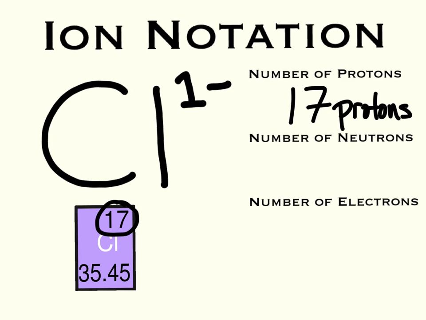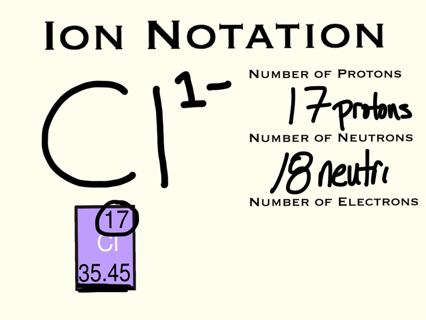Now, I'm going to jump to neutrons for now. Remember, the 35.545 is our atomic mass, which tells me the number of protons and neutrons. I'm going to round that down to 35, which tells me I have to have 18 neutrons.